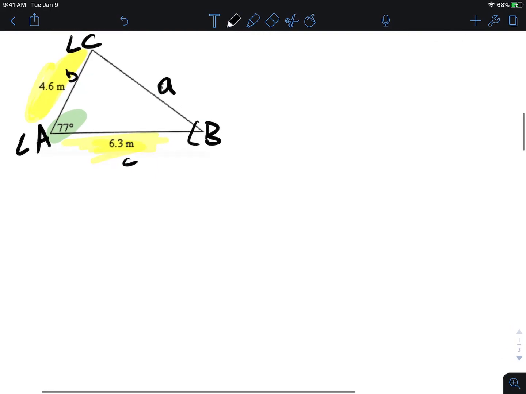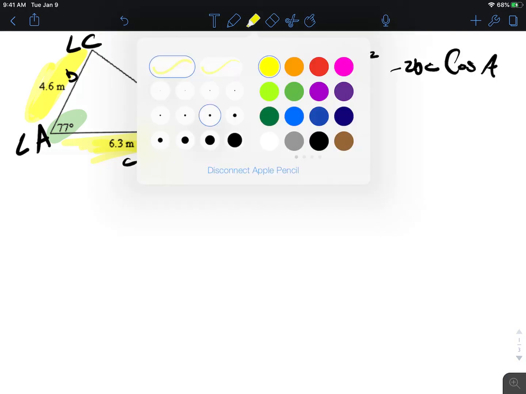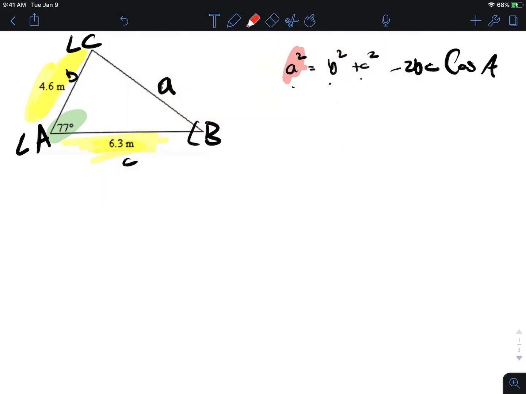So, a squared is equal to b squared plus c squared minus 2bc cosine A. Here's how I memorize this. The A's contain the whole thing, and then the bc's go in the middle.